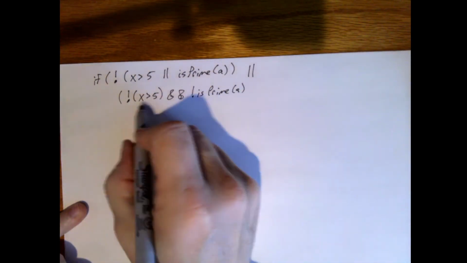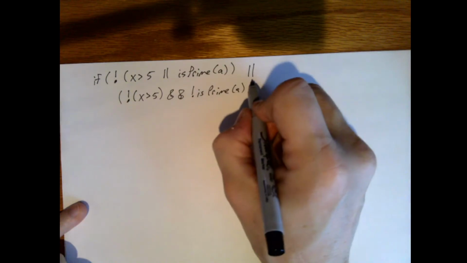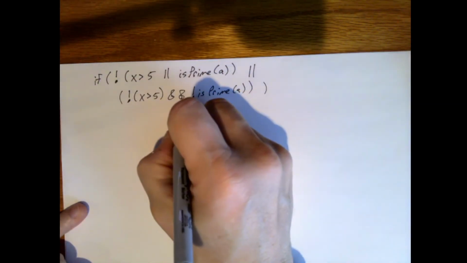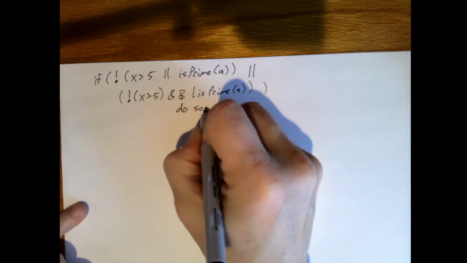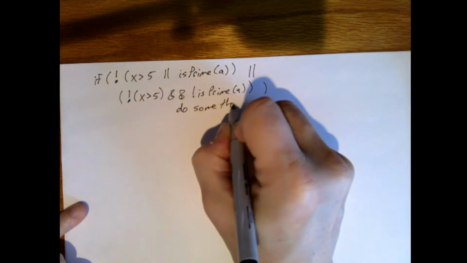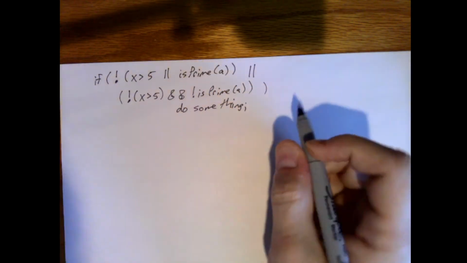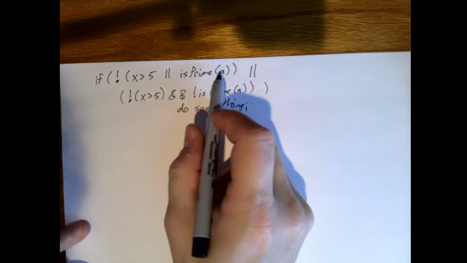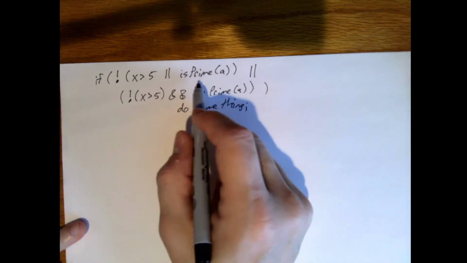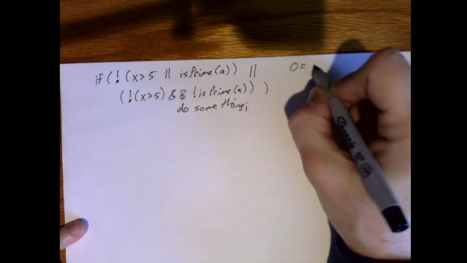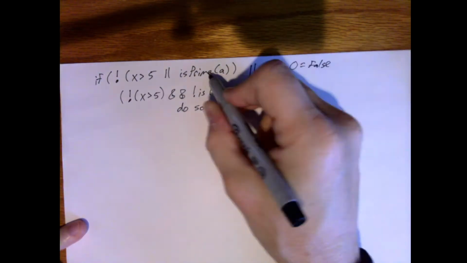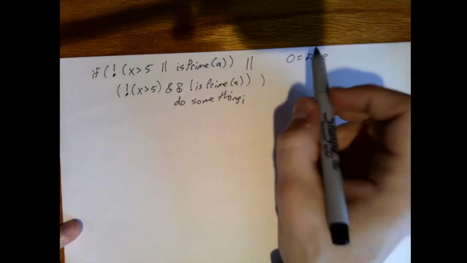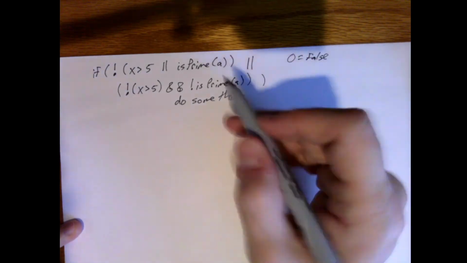So parentheses, this matches this, and then one more to match the beginning, and then do something. So we're assuming here the is prime function returns a value that would be considered true or false. So in C, 0 is false, any other number is true. Okay, so typically somebody would return 0 or 1 would be what would be common.